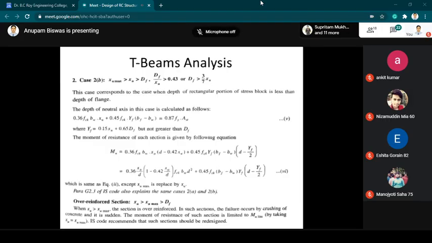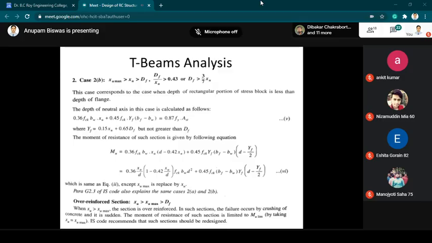Whenever the depth of flange is reaching below the rectangular portion, just remember you have to consider the term yf in your equation. The equation turns as 0.36 fck into Bw into Xu, that is segment one.